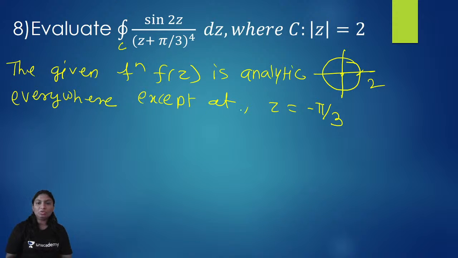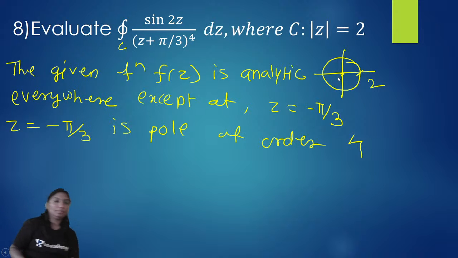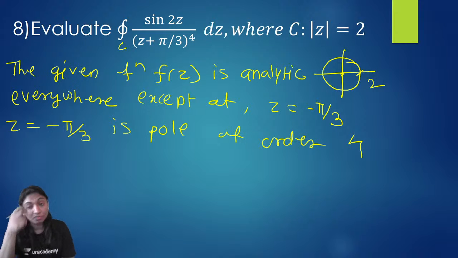So z is equal to minus pi by 3 is a pole of order 4. Mod of pi by 3 is less than 2, so obviously it lies inside the curve C. Pi by 3 is always less than 2, so it lies inside the curve C.